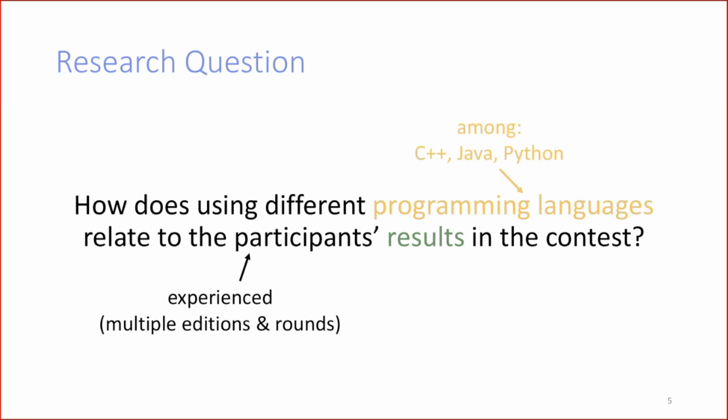Then the programming languages: as I said, we only consider these 3 most used, C++, Java, and Python. And finally, results means rank. So essentially, how much the programming language is related to how well or how badly a participant does, or the submissions of a participant do.